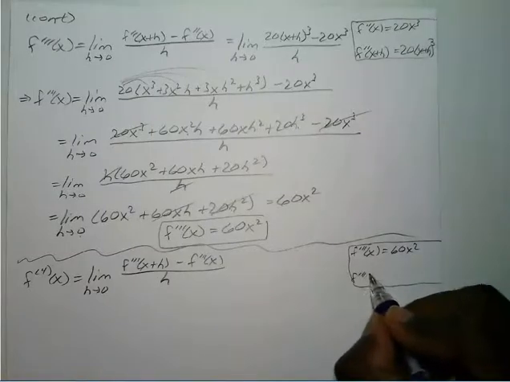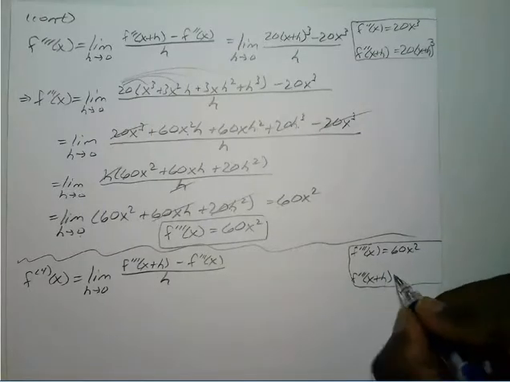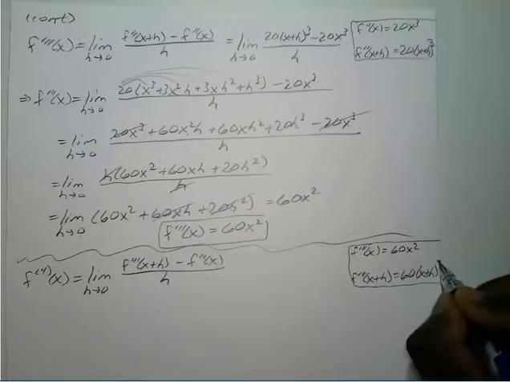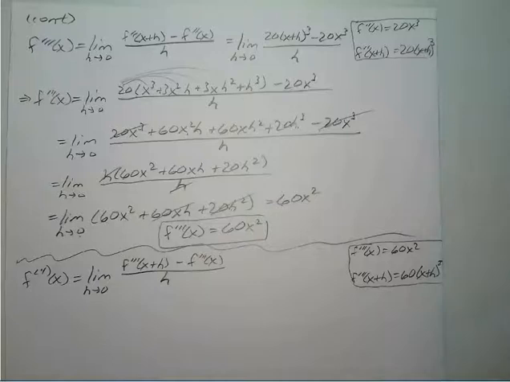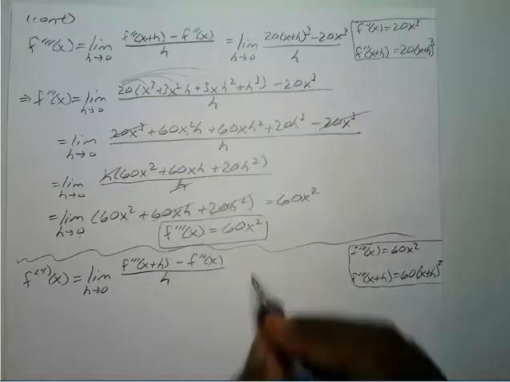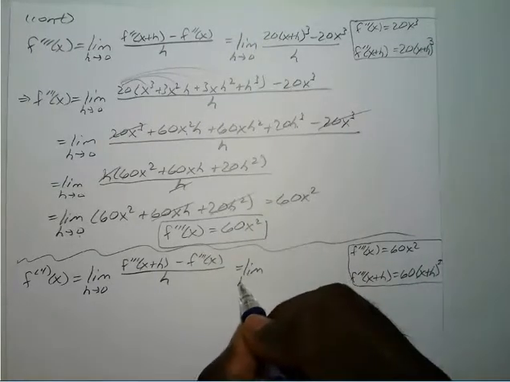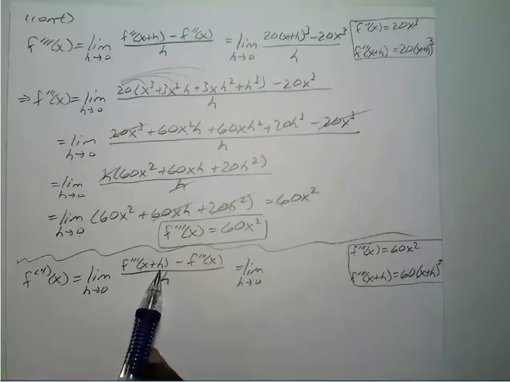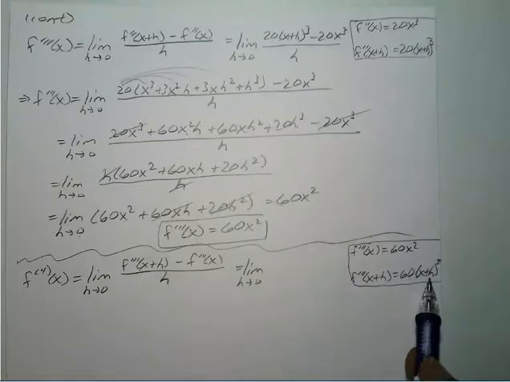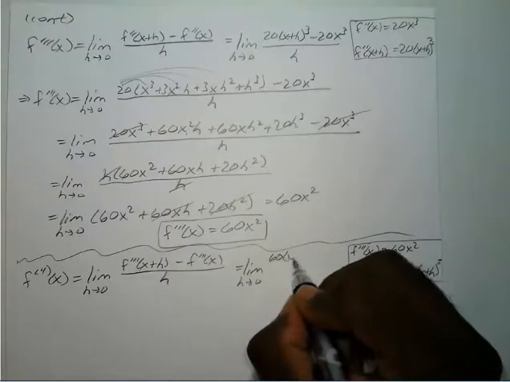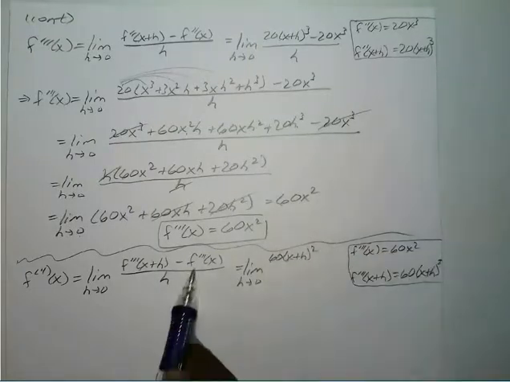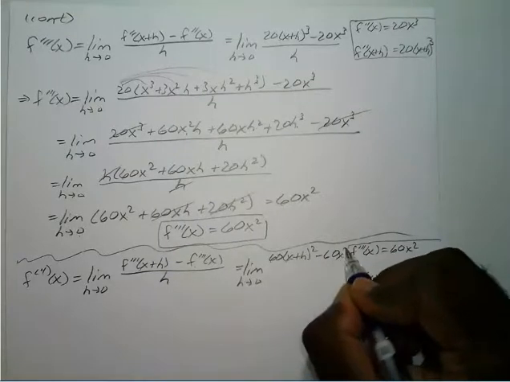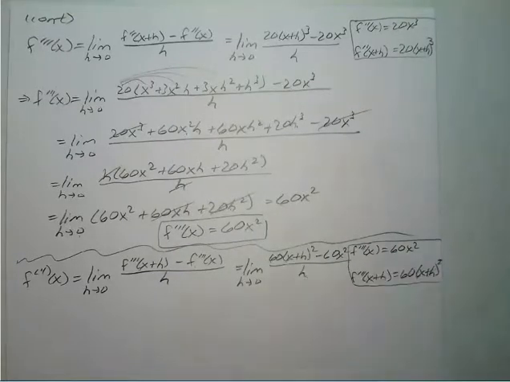So the third derivative of x plus h is 60 times x plus h squared. Okay, so this is going to equal the limit as h approaches 0. The third derivative of f of x plus h is 60 times x plus h squared minus your third derivative of f, which is 60x squared, all over h.